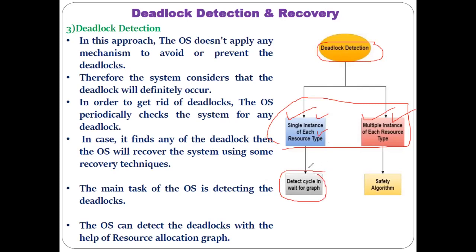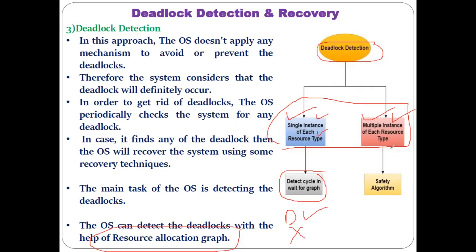If the cycle is present in the resource allocation graph, I will show you with an example, it means the deadlock is present. If the cycle is not present, then the deadlock is not there.